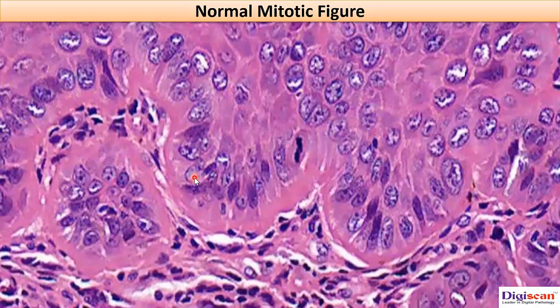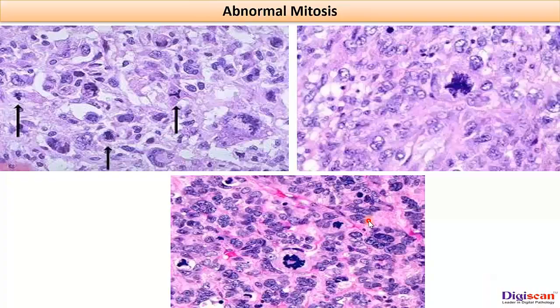The normal mitotic figures will show arrangement of the mitotic figure in the center in the metaphase. Here we are seeing a mitotic figure in the basal layer. Then we talk of abnormal mitotic figures. Abnormal mitosis is when cells are hyperploid in nature. They are not diploid, they are hyperploid in nature, and the number of chromosomes is more, and they divide in a very irregular fashion.